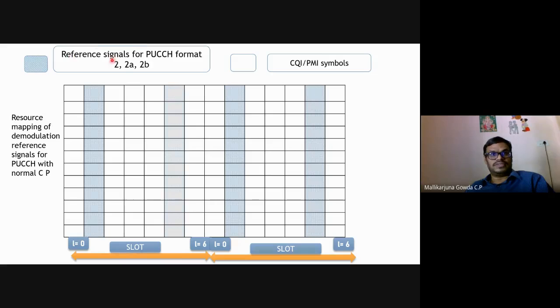Right? The reference signals for PUCCH format 2, 2A, 2B will be 1 and 5. In the next PRB, it is also 1 and 5. The rest of the symbols are used for the CQI or PMI symbols. Okay. So is it clear about the occupancy of the reference signals for different PUCCH formats with normal CP?